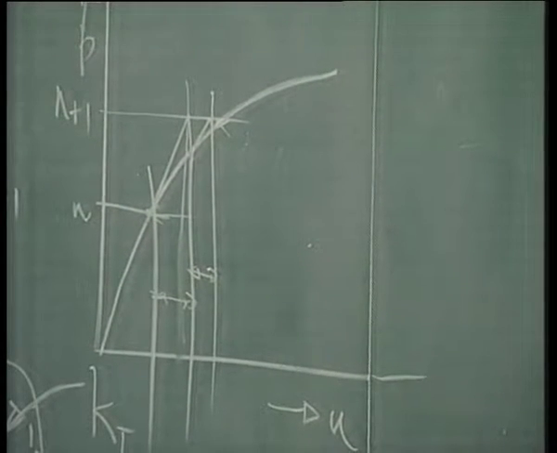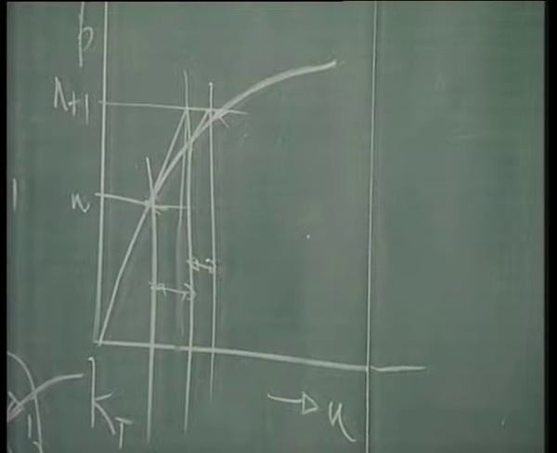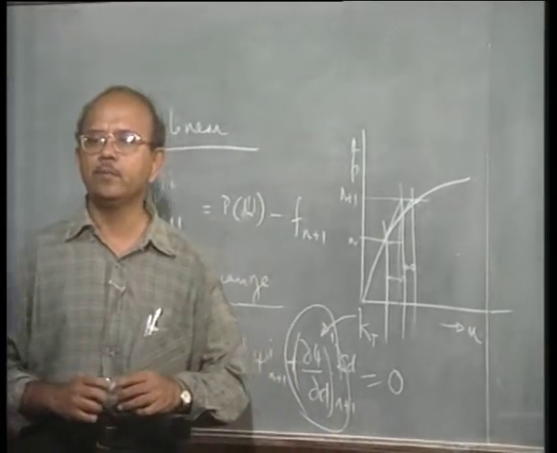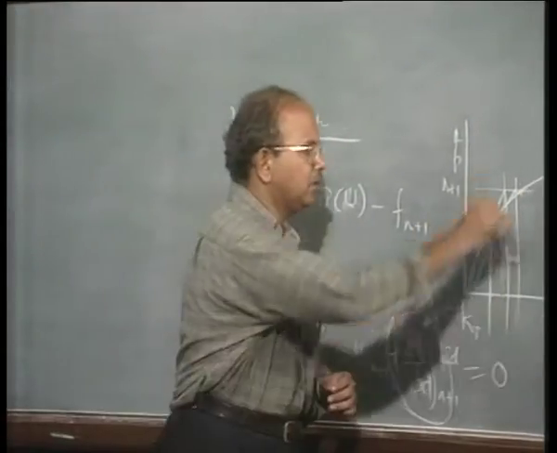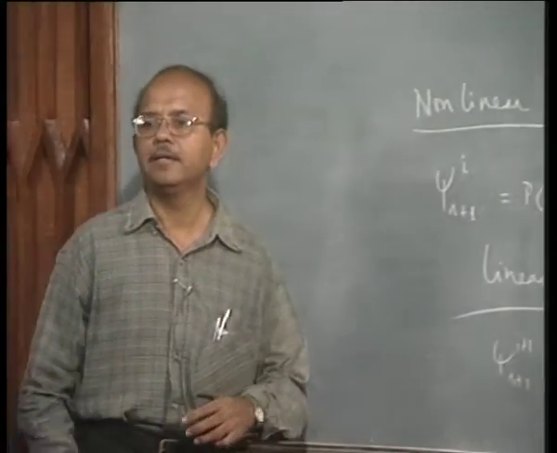So I keep summing up these delta D's, so that at the end of my iterative process, in other words at the end of my convergence, I would be able to get the solution for the force at n plus 1.